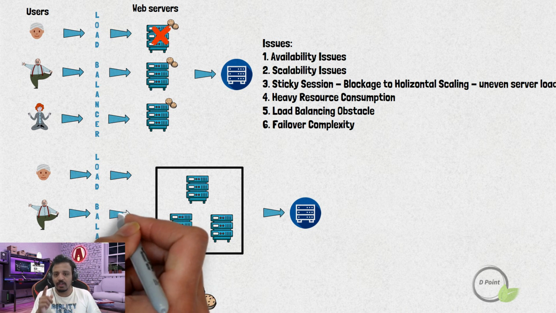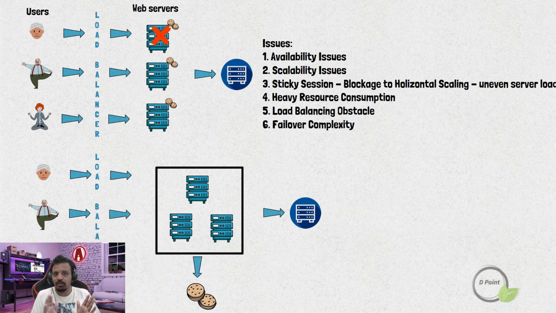Similarly, user 2 made a request, and the load balancer did not have any sticky session or anything. It simply redirected to the web server which had a bit more capacity compared to others at that moment. Then the processing is done and the response is sent back. Similarly, user 3's request: the load balancer sent it to a server, it did the processing and returned it back.